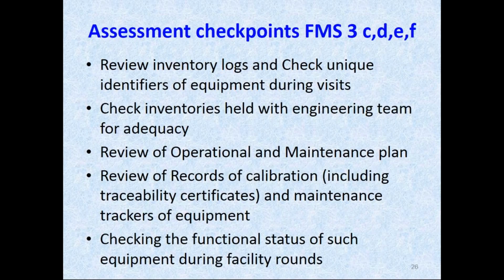We need to review the operational and maintenance plan to see whether it complies with the requirement of the standard. We need to review the records of calibration, whether they have the required traceability certificates, and we need to go into the maintenance trackers of equipment to check for the preventive and breakdown maintenance. When we are on facility rounds, we can also check the functional status of such equipment and correlate it with the maintenance trackers.